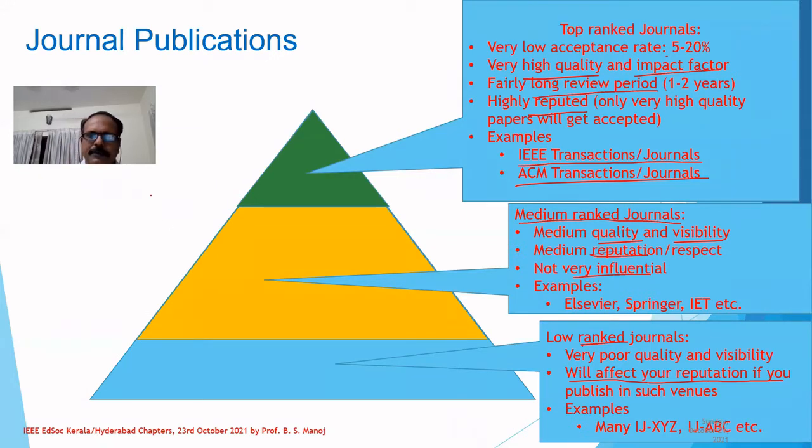Again, as I mentioned earlier, the best person to advise you whether a specific journal is of a certain quality is your PhD advisor or guide. He will be able to advise you on where a particular journal stands in your domain. Say power electronics has a different set of journals compared to computer networks or signal processing or other areas.